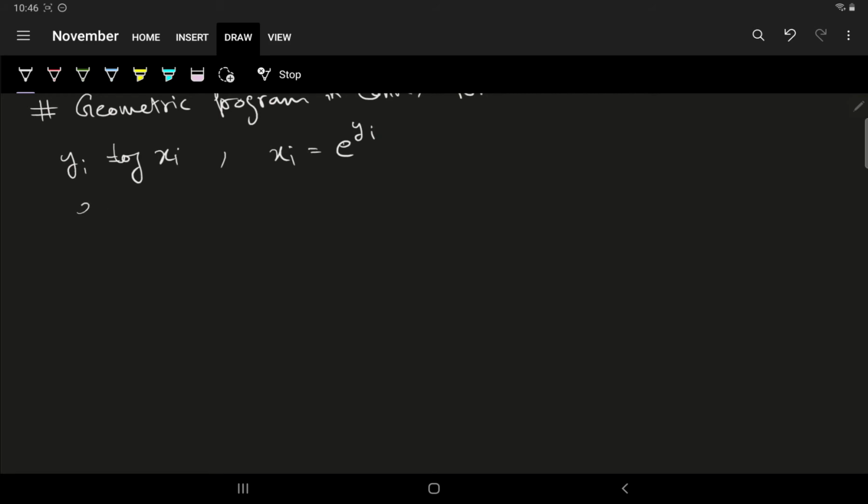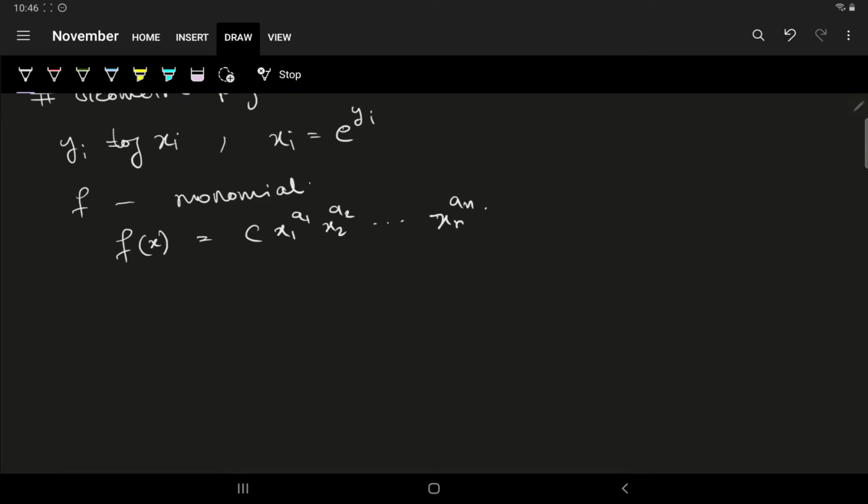So given f is a monomial, we write the f of x as this. Now we replace all the xi's by e power yi's. So now the f of x is a function of e power y1, and so on.